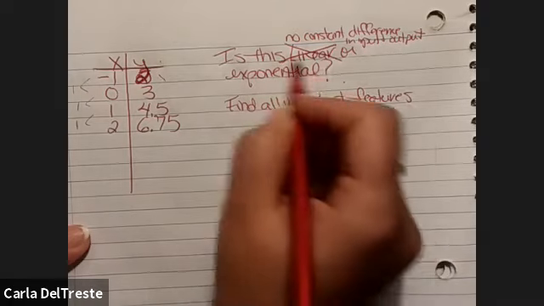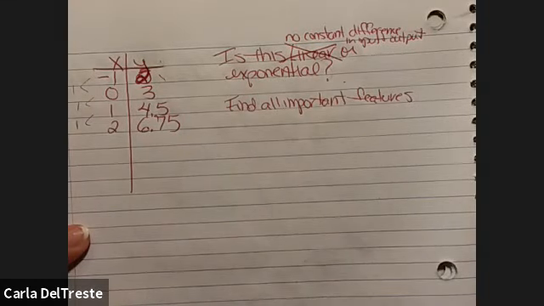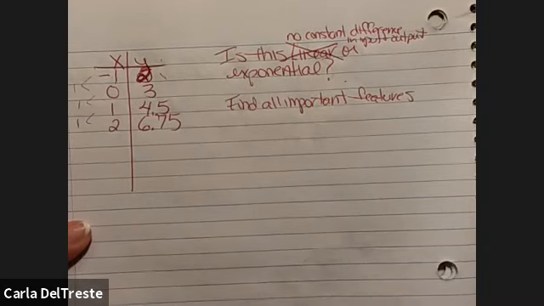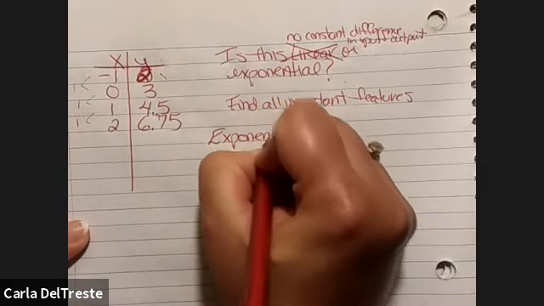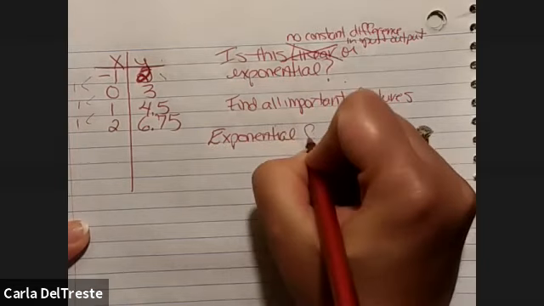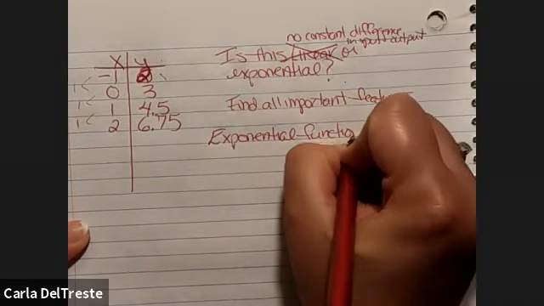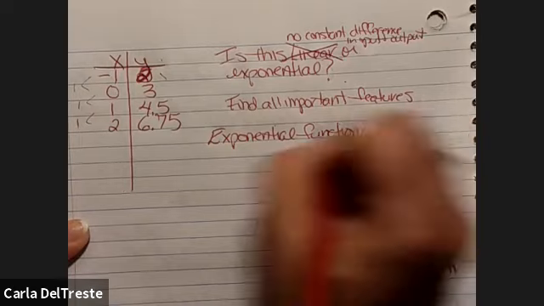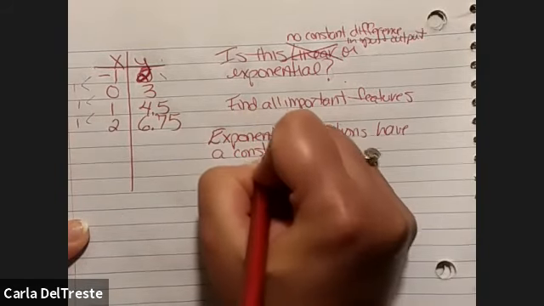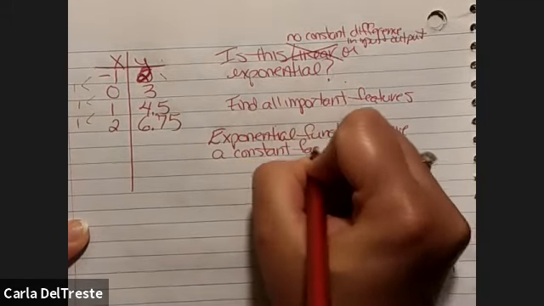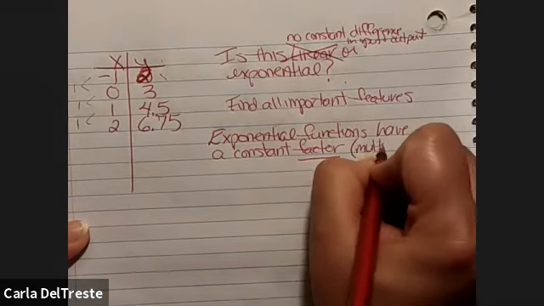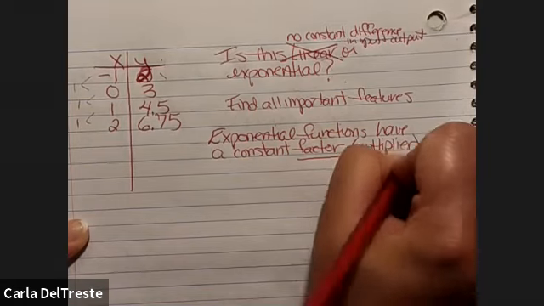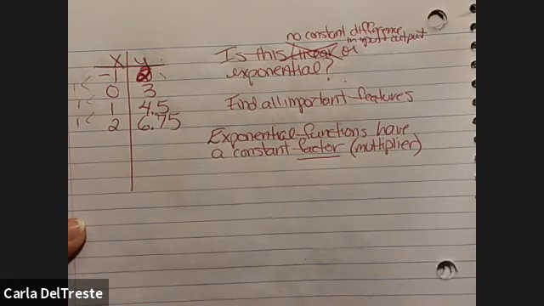So now let's see if we can decide if it's exponential. Quick reminders of the last video. What does it mean to be exponential? Exponential functions have a constant factor, which I suggest you also know as a multiplier. We talked about that because that's literally what you're doing. You're multiplying the outputs.